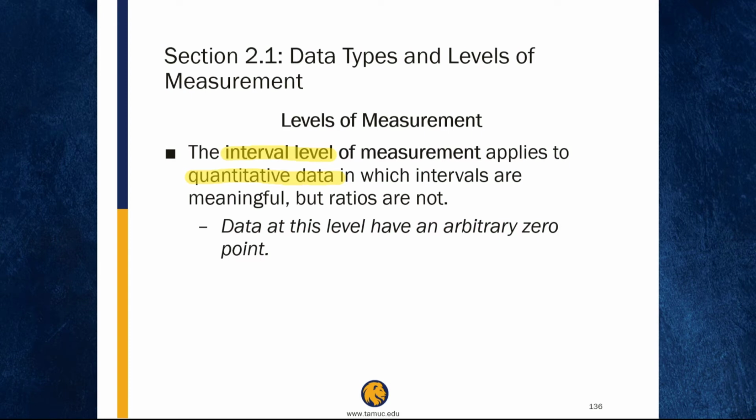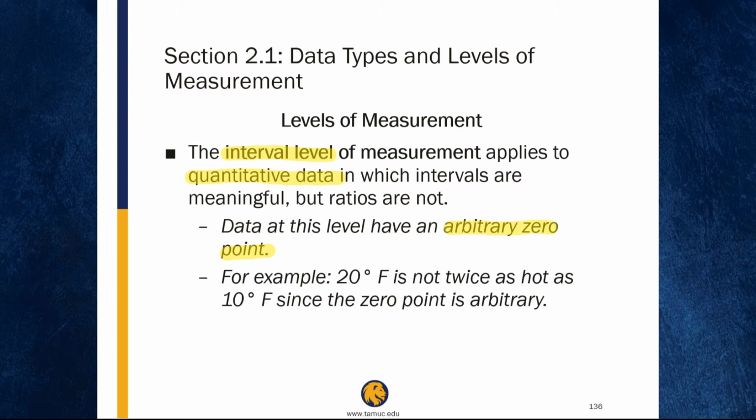The key defining feature of interval level of measurement is that data has an arbitrary 0 point. In other words, 0 is chosen at a point that doesn't necessarily mean that there's nothing present. For instance, we say that things measured in degrees Fahrenheit are interval level of measurement.